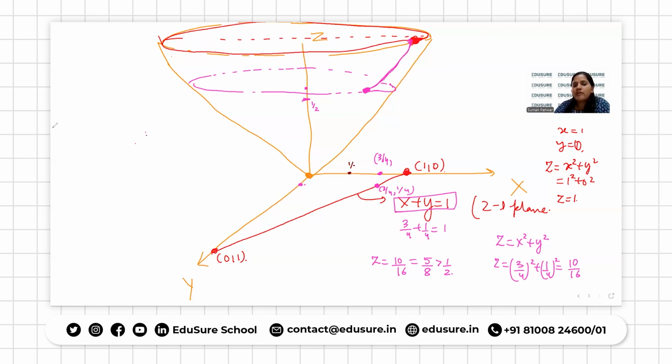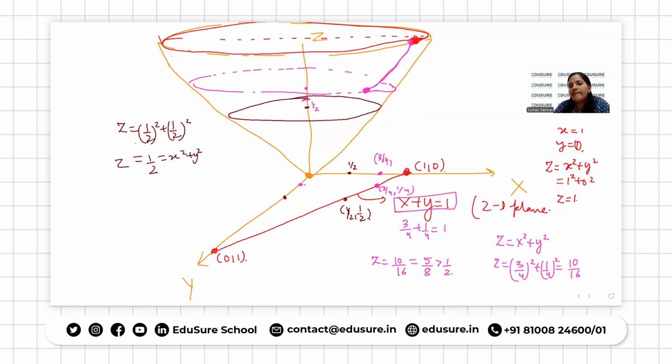So when x equals half, y is also half: (1/2, 1/2). Okay. So now what is happening? z will be equal to (1/2) squared plus (1/2) squared, which is going to be half. So suppose this is my half. So again, I will be having a level curve, z equals half, like this, x squared plus y squared equals half. And then it is going to touch this like this.